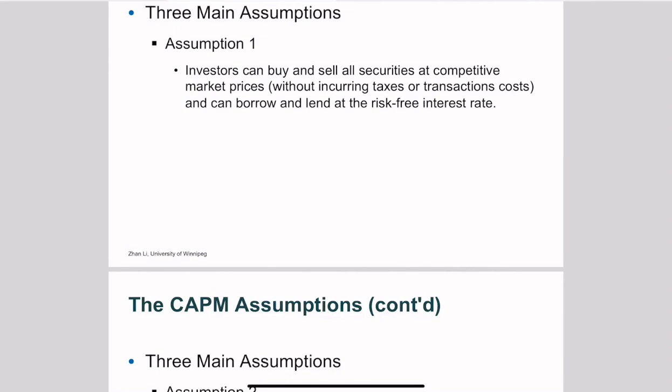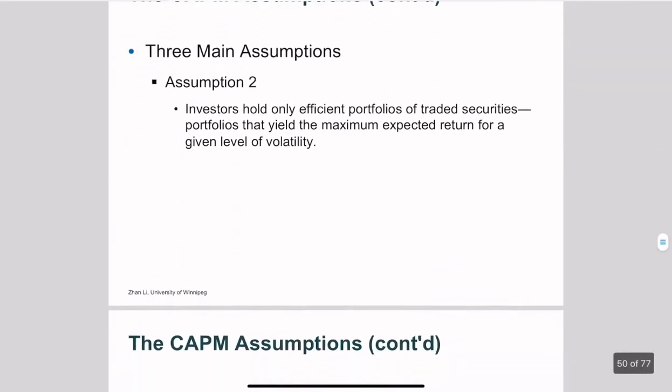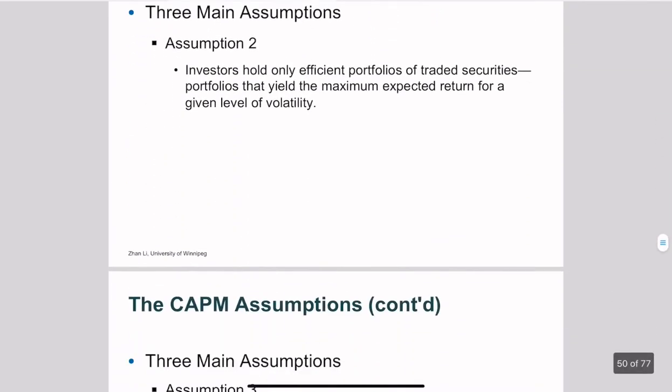I don't want to talk too much about this assumption, but it basically guarantees there are no limits to arbitrage. So the law of one price can actually hold in the financial market. Now, assumption two, investors hold only efficient portfolios of traded securities.